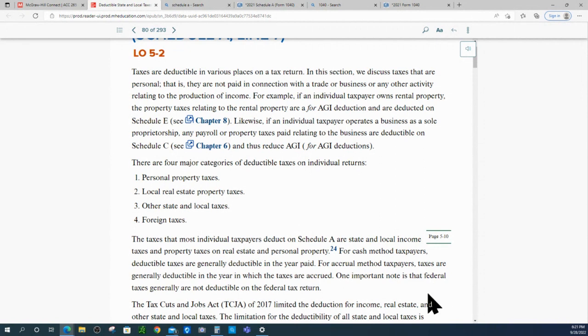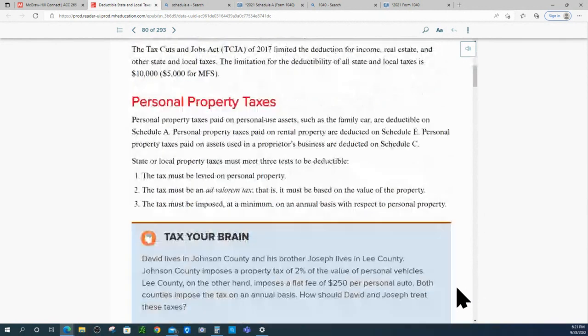But you get to choose whichever is greater. So if you didn't pay any state income taxes, you could choose to claim state sales taxes that were paid. And then also foreign taxes. So if you own property in a foreign country or you have income in a foreign country that gets taxed by that foreign country, you could claim the foreign taxes as a deduction.